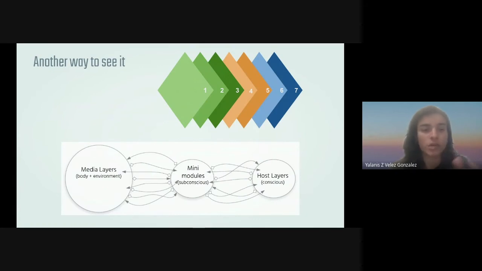And if you take an overall view of these two diagrams, you can see that the mini modules serve as a bridge between the external, whatever's going on in the environment and our bodies, and our experience. What is it that our minds know? What is it that we are experiencing? And they are constantly exchanging information, the mini modules, and we can say that they're like translating it for our host layers to understand and then to send it out into the environment.